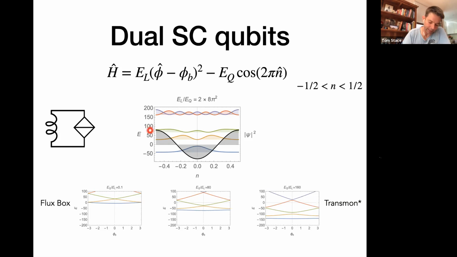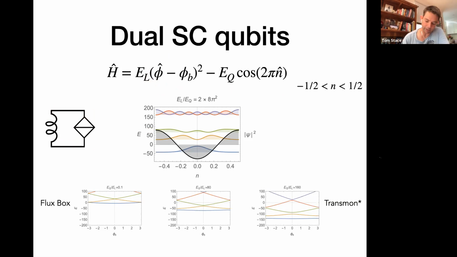I can put an inductor in parallel with a quantum phase slip device, and I end up with a thing that's precisely dual to the capacitor in parallel with a Josephson junction, and the Hamiltonian looks exactly dual as well. So now I've got a term that's like phi squared that comes from the inductor, and I've got a term that's cos 2 pi n that comes from the quantum phase slip device.